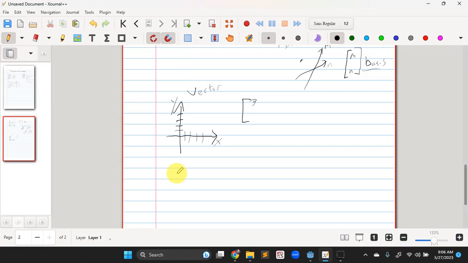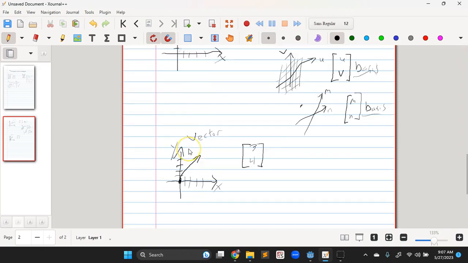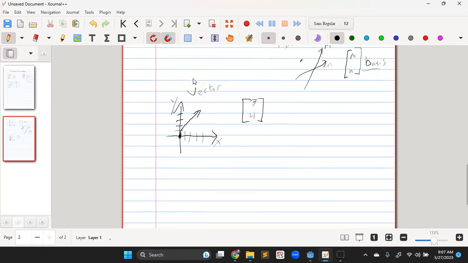When we think about 3 units over and 4 units up, instead of thinking about just that individual point in space, what we'd really want to think about is the arrow that goes from the origin to that spot in space. So instead of thinking about that spot in space as an individual independent thing, think about the arrow of how do we get to that spot in space. And that's the approach we want to have for vectors.